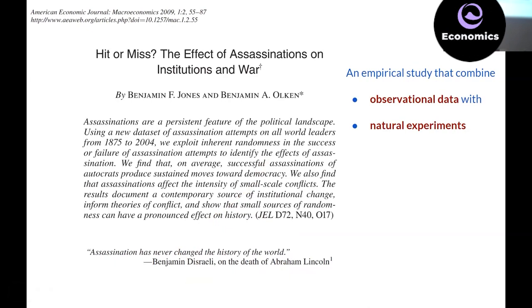Observationally, we can't know. Historians argue that if Abraham Lincoln had not been assassinated, his policy would probably have been more lenient toward the South, more reconciliatory, and so on. But we don't know for sure. From this study, on average, we know that institutions change in the country, and so leaders do matter, either directly on economic performance or indirectly through economic and political institutions in the country.